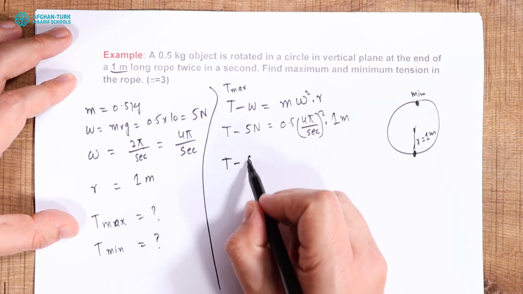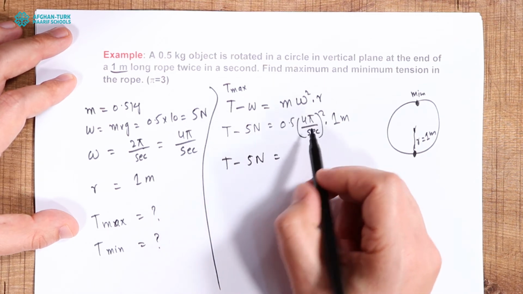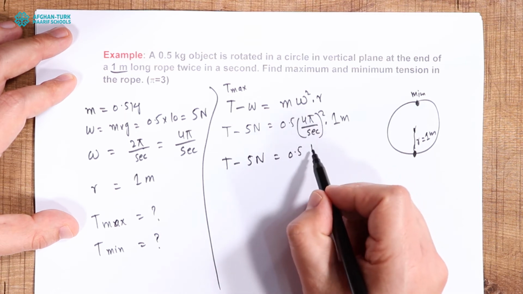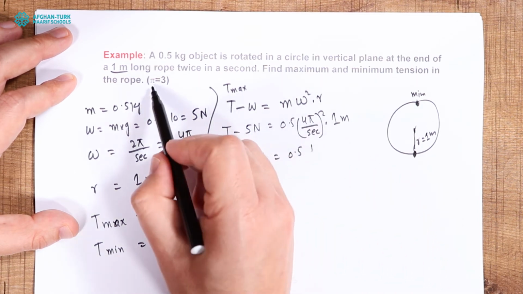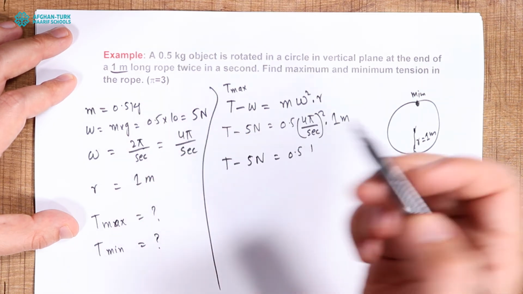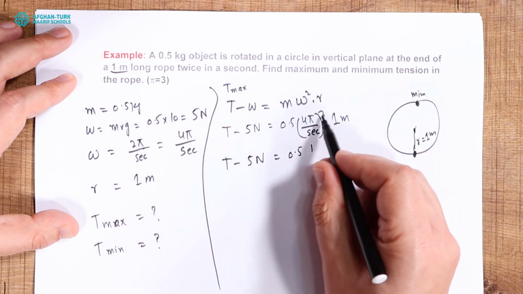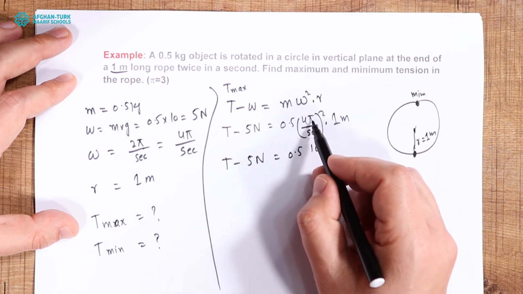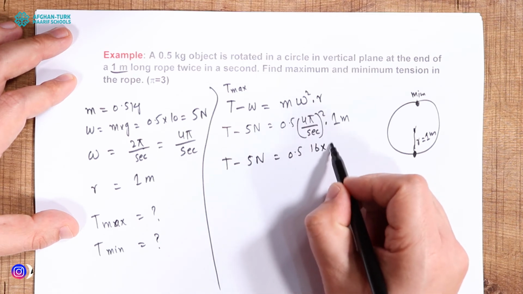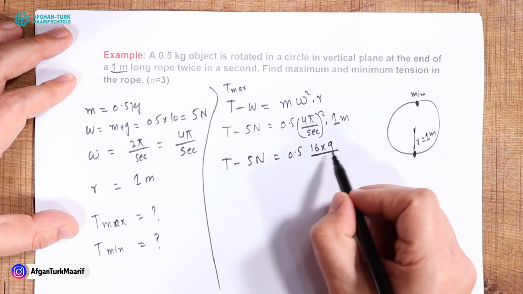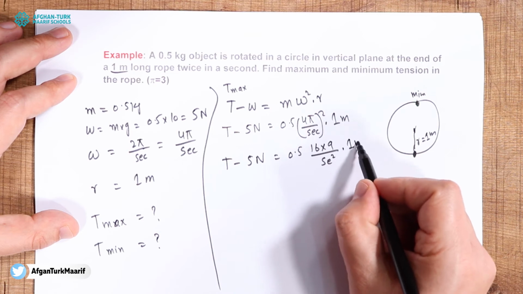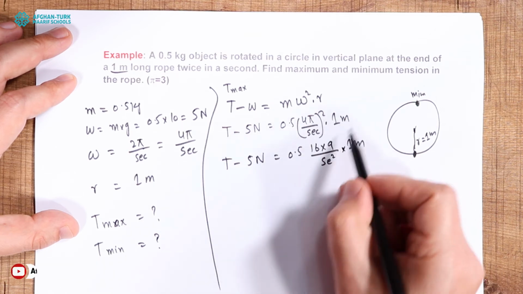If we square this, in the question they ask to take the pi value as 3. So 4 square is 16, and 3 square is 9, multiplied by 1 meter.